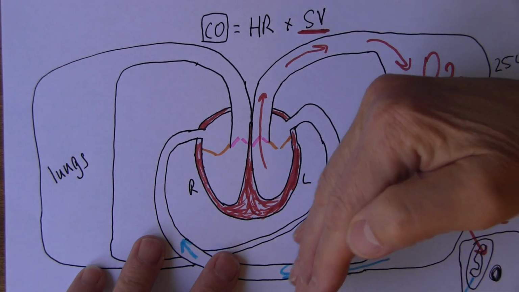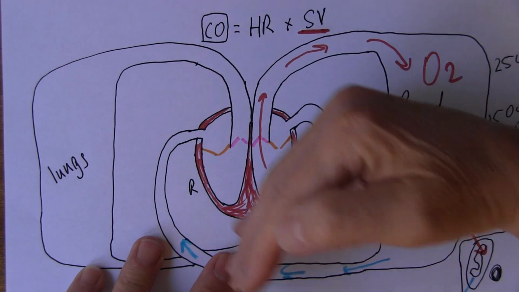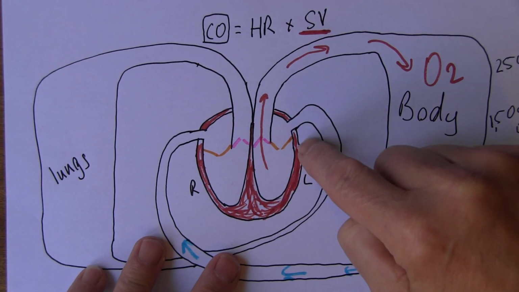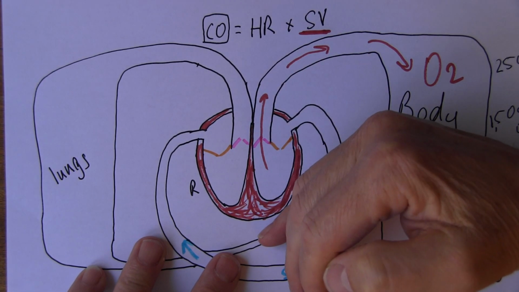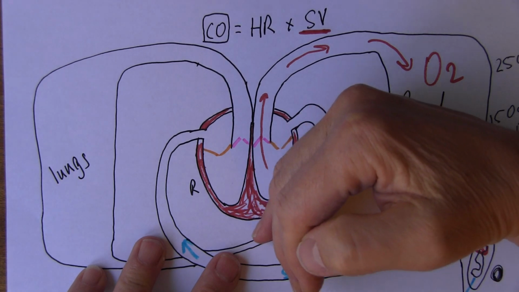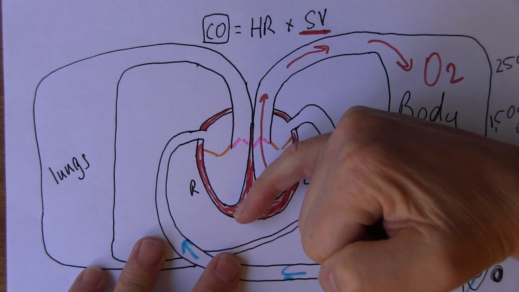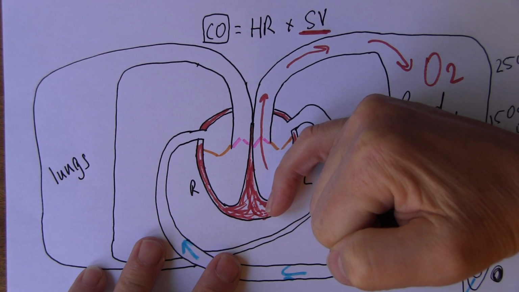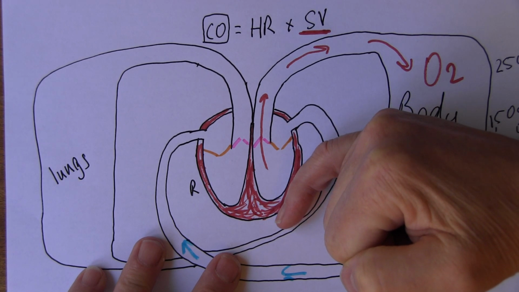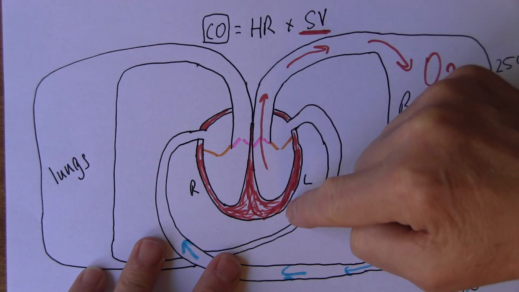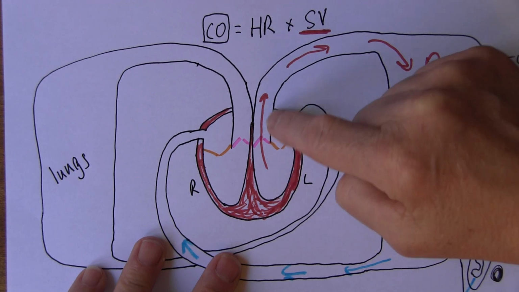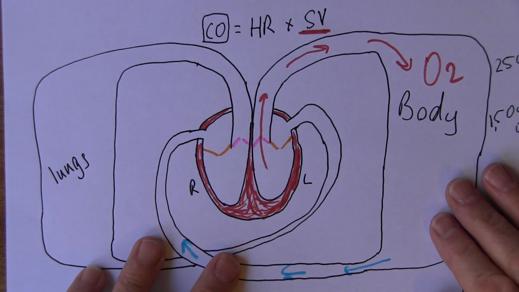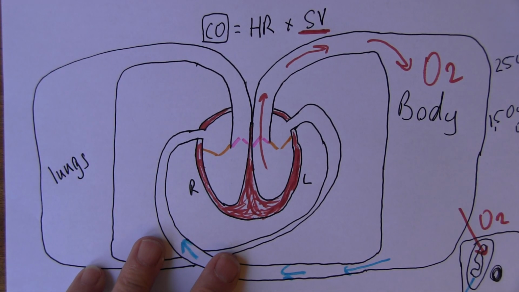Well, if it's contracting nicely and efficiently, it's going to pump out a good stroke volume. But if the left ventricle is not working properly, if there's a degree of left ventricular failure, it's going to pump more weakly. The strength of contraction is going to be reduced, and that means it won't be able to eject as much blood as normal. So the stroke volume is going to go down, reducing the cardiac output. It's not ejecting as much blood as possible.